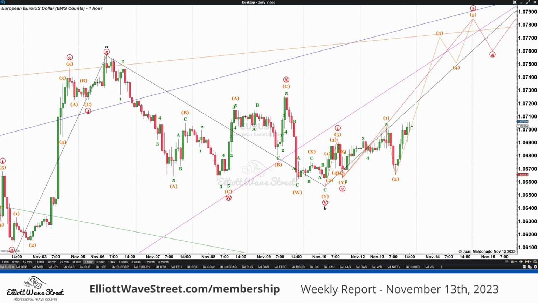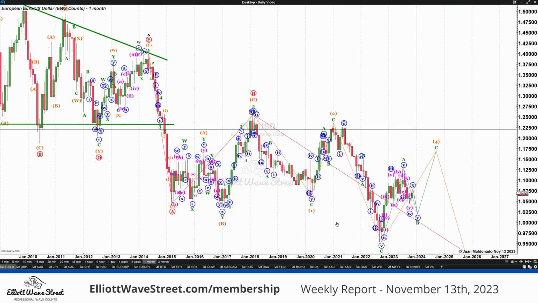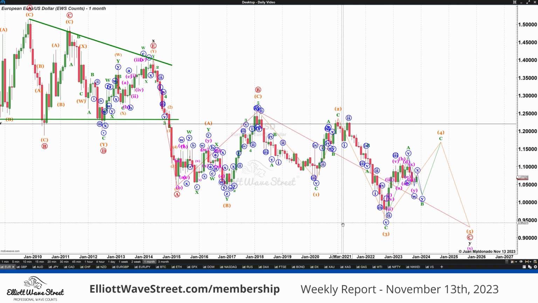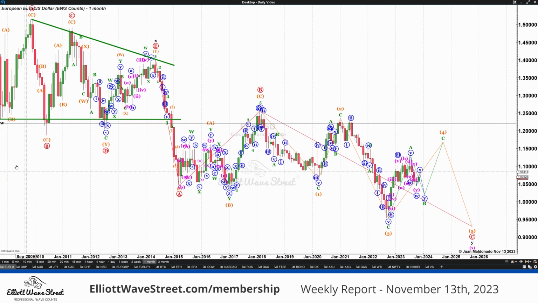Alright traders, this week we are starting with the euro dollar. Let me show you the monthly chart, the bigger picture. On the bigger picture, this is the market cycle that we are in right now, where the price is building an ending diagonal wave, 1, 2, 3, 4, and 5.